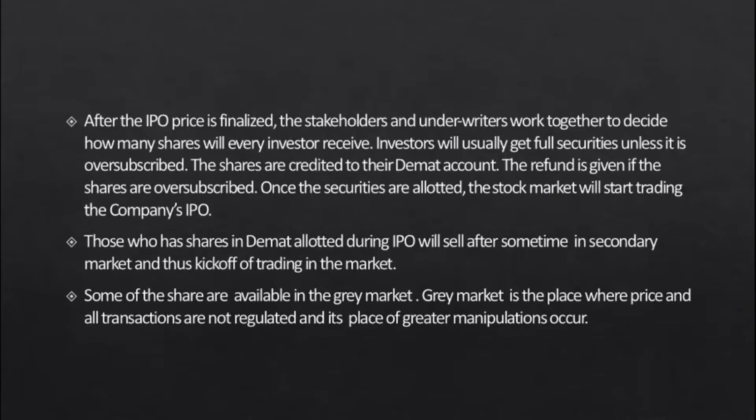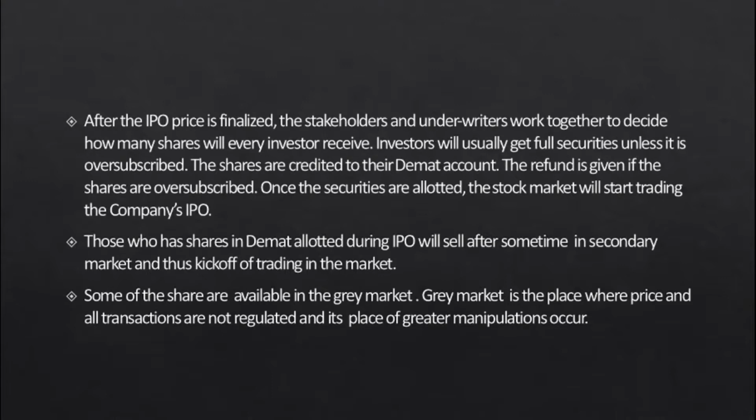The stakeholders means the existing company board of directors and the chief financial officer's team. They will decide, with the help of the underwriters, meaning the investment banks, how to issue the shares to the investors like us.